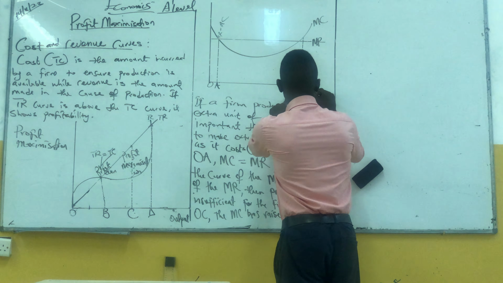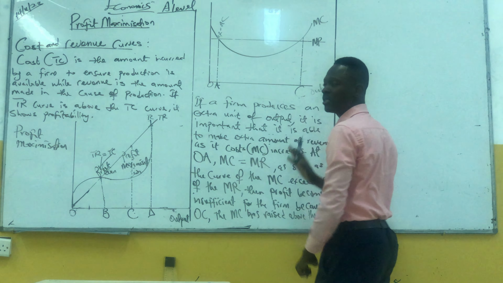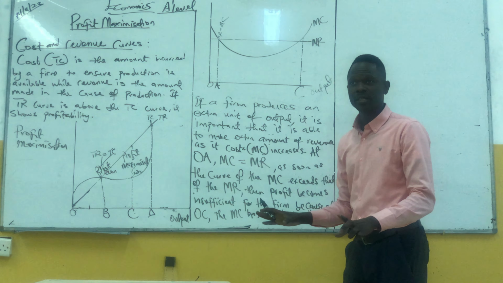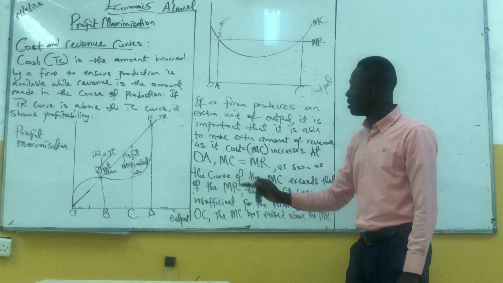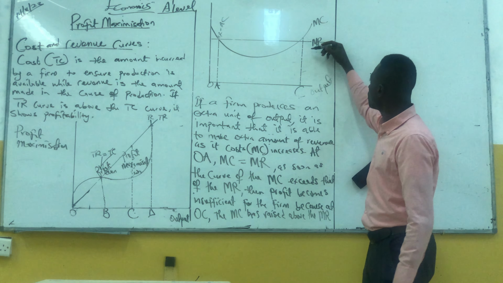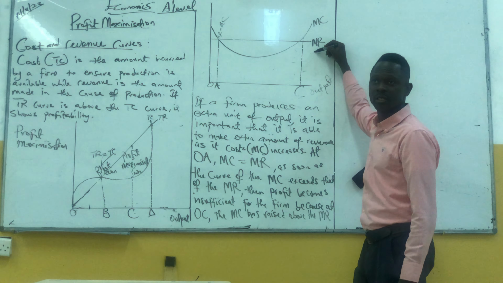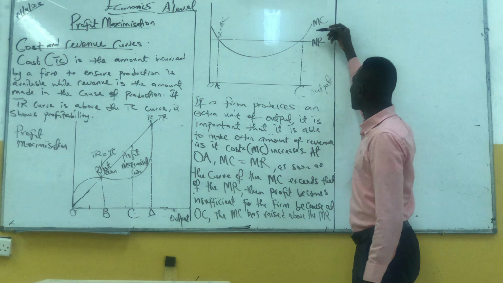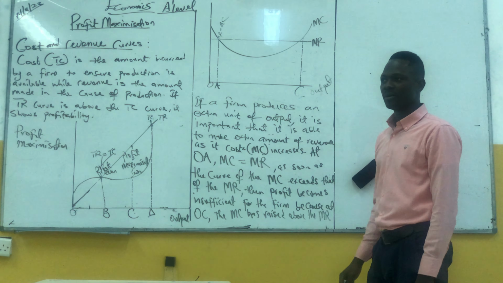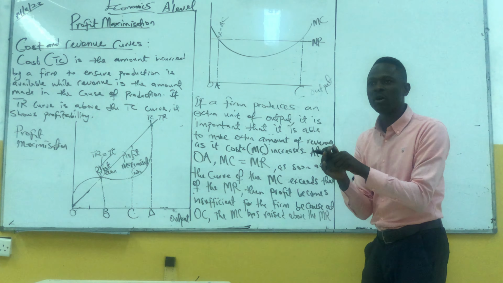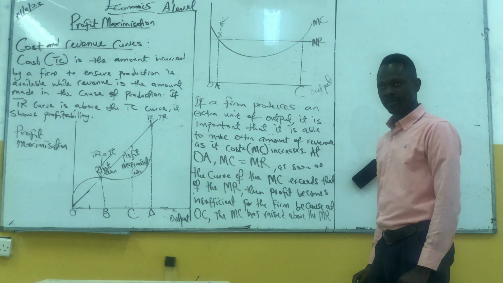At OA is fine, there's profit maximization. But going to OC, your MR has fallen, so the MC has risen above the MR. That means profit is no longer sufficient. Is the graph clear?